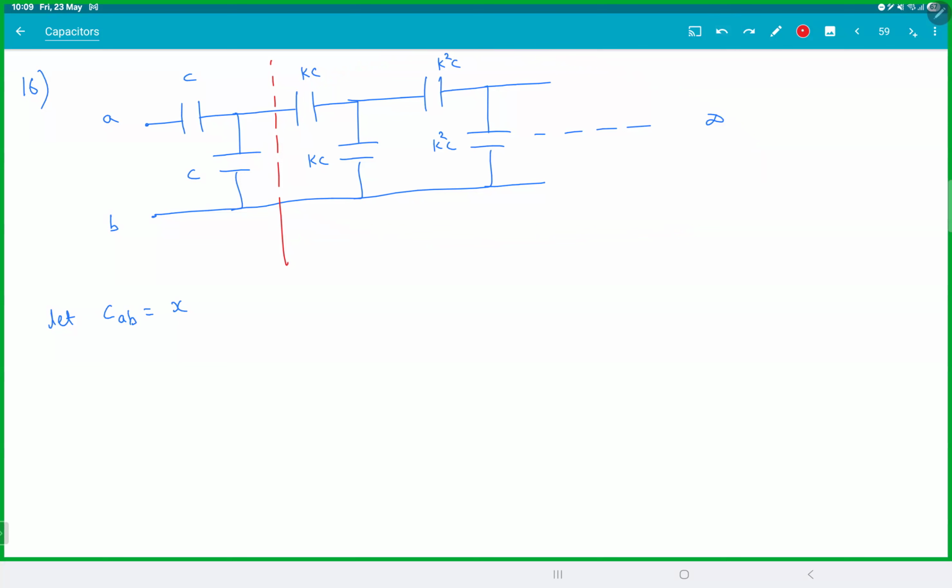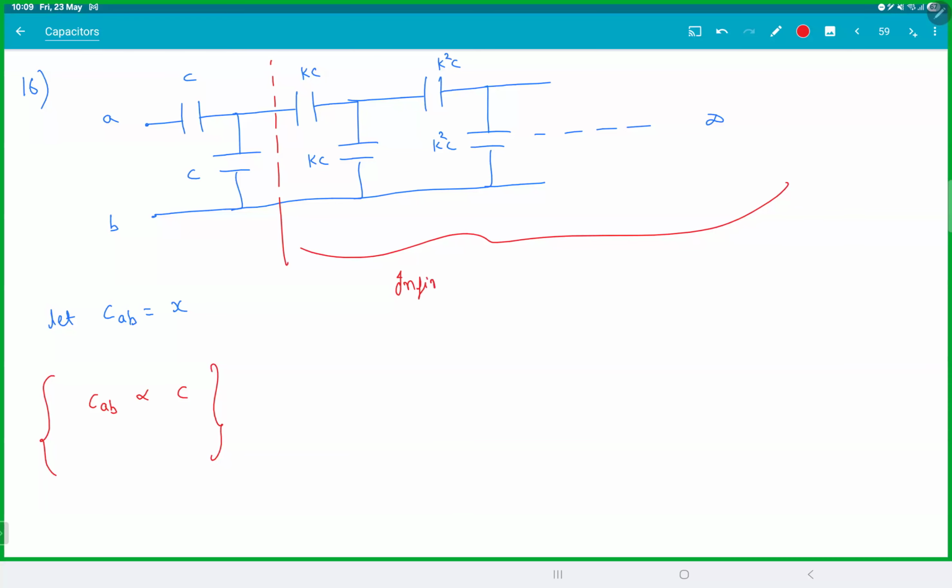Now, my question is this: whatever answer that you will get, CAB, it will be proportional to capacitance, isn't it? Units and dimensions, right? It will be some constant into C. So CAB will be proportional to C. Now, in this entire infinite grid, you're replacing C with KC. So what do you think will happen?